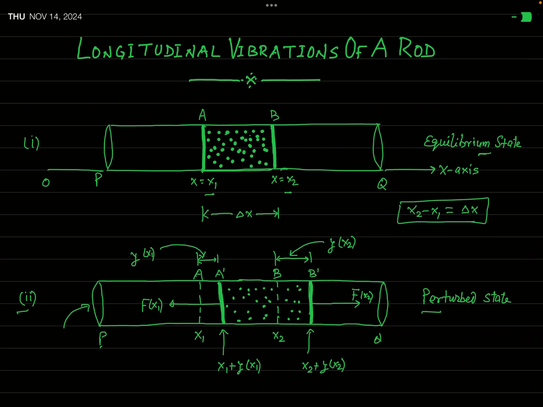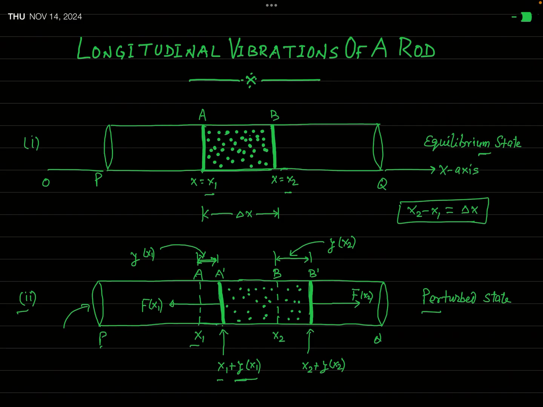In fact, we consider that the displacement of the particle at section A, that is at x equal to x1, is equal to y of x1. As you can see in this figure, I have assumed that this is the displacement of section A. So the coordinate of this point A dash will be x1 plus this displacement.